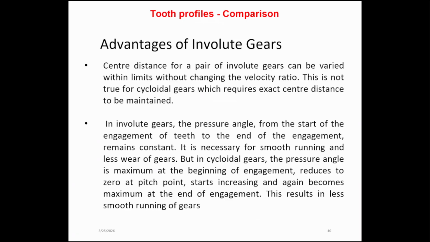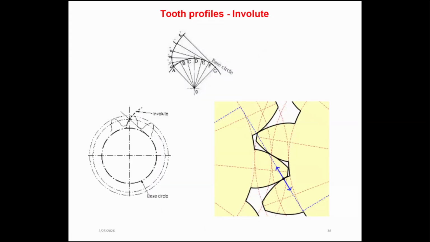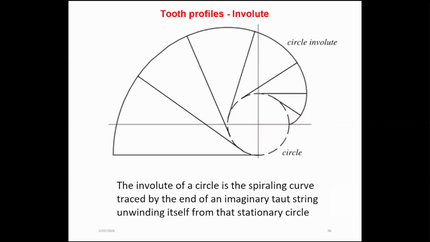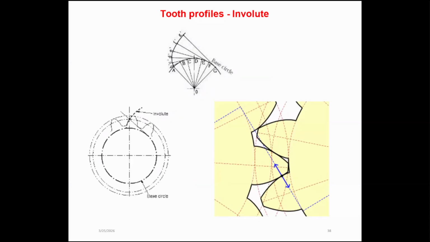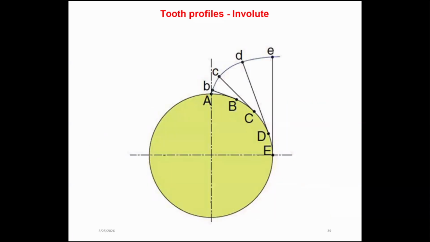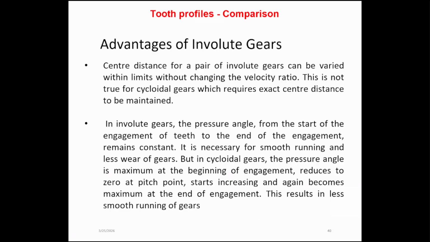And also, the designing and the manufacturing is a bit difficult in cycloid shapes compared to involute. In involute gears, the pressure angle from the start of the engagement of teeth to the end of the engagement remains constant.